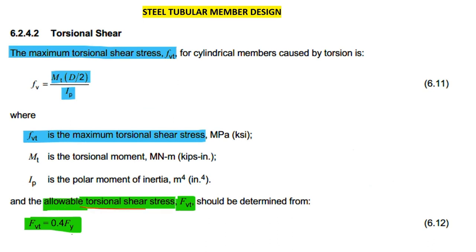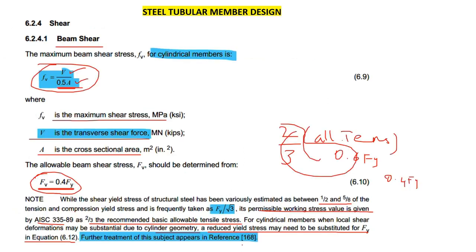Allowable torsional shear stress, it's coming, right? 0.4 Fy for torsional also we are considering. They are telling that based on the cylinder geometry, we may need to consider the reduced yield value also. Further treatment of the subject appears in the reference work statement. This is the API value. This we will see at a later stage. But you can say that for allowable shear stress we can take 0.4 Fy.